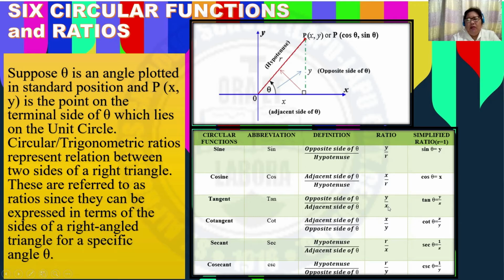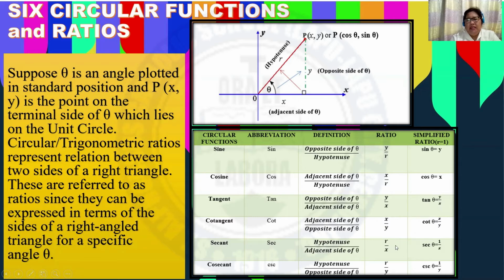Tangent is y over x, so tangent theta is equal to y over x. Cotangent is x over y, so cotangent theta is x over y. We just simply interchange the position of x and y because cotangent again is the reciprocal of tangent.